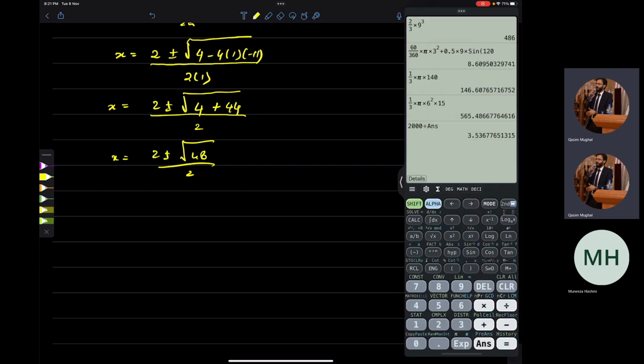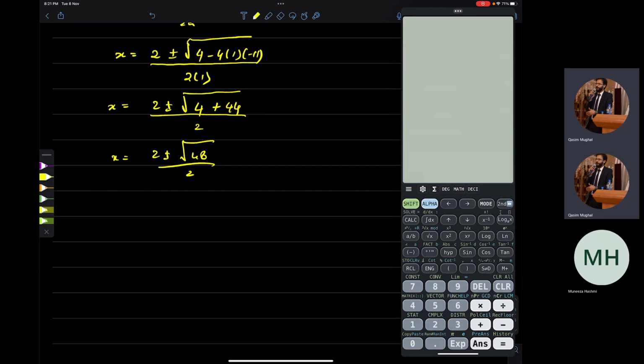Or what you can do is use a calculator to quickly get the prime factors of 48. Or instead, you can put the entire thing in your calculator in one go. So I'm going to press the fraction button first. Now, in the numerator, I'm going to put 2 plus root of 48, over 2. So that's 2 root of 3 plus 1.